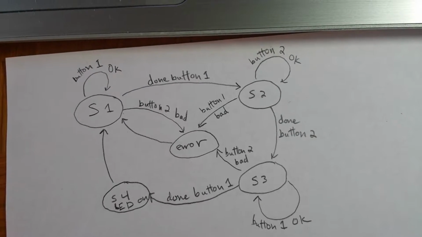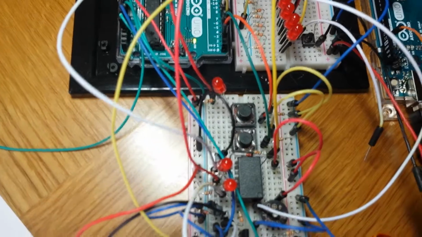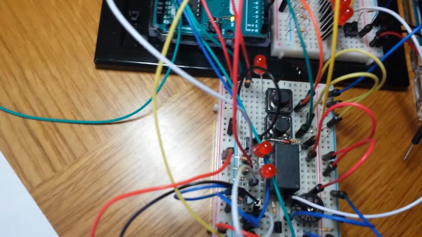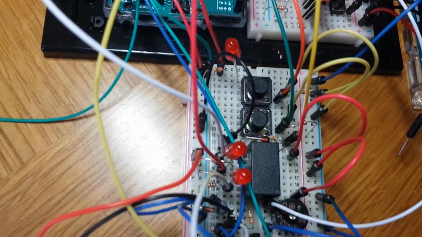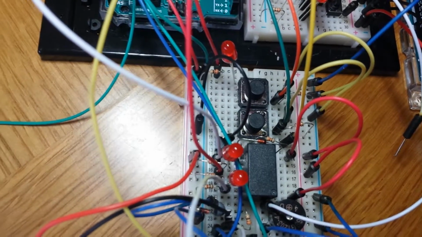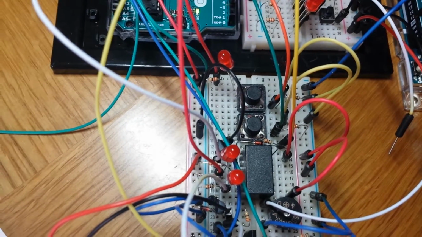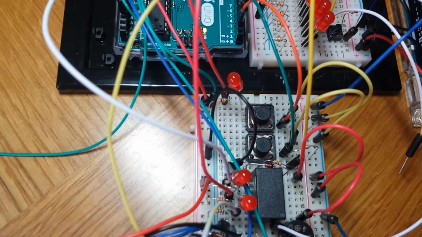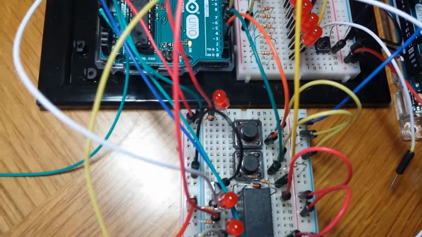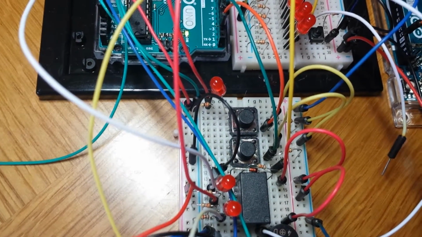And so here is actually what happens as we look at the states, or the scenario for a code setup where we're expecting 3 pushes of button 1, 4 pushes of button 2, and 2 pushes of button 1 for the final state.